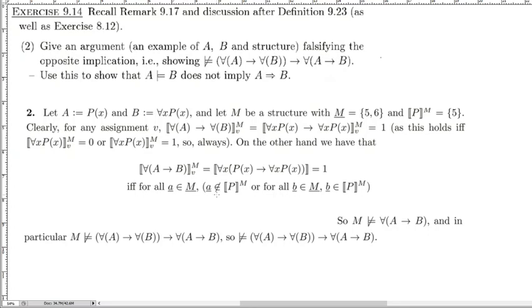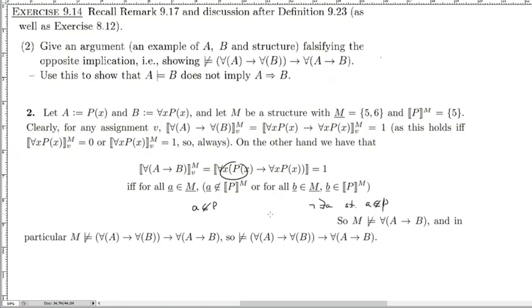So what they're saying here is that either this has to be false, so there has to be some kind of an A in M such that A is not in P for this to be false. And then for the second part, for this to be true, it has to be such that there doesn't exist some A such that A is not in P.